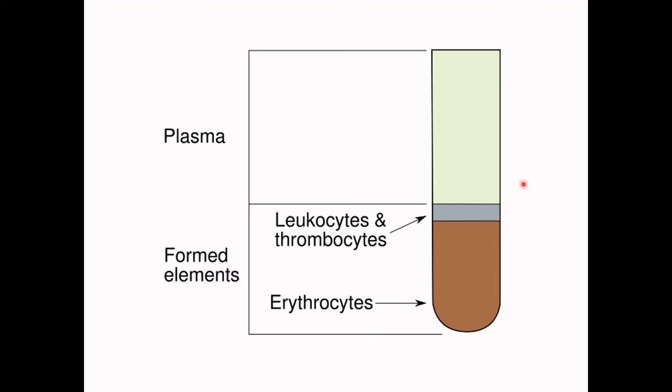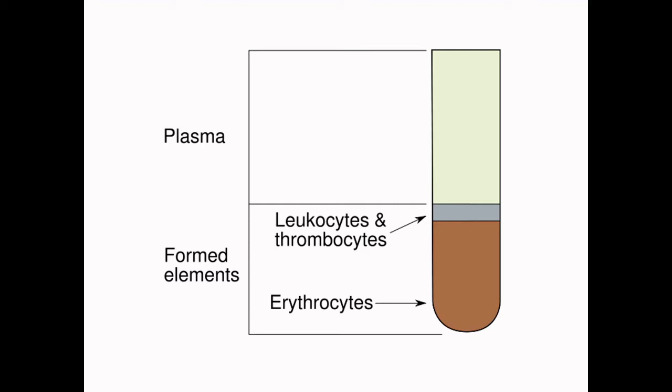The topmost layer, which is slightly yellowish or straw colored, is mainly the fluid part, which is termed plasma. The middle layer, which is slightly off-white in color, is composed of leukocytes and thrombocytes, and the bottom layer is red or reddish pink in color, which is because of the erythrocytes.